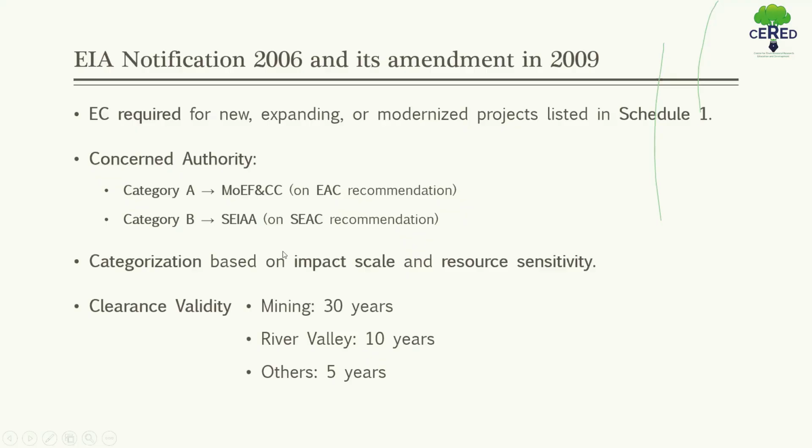These categories are based on the impact scale and resource sensitivity. The clearance validity also varies: 30 years for mining, 10 years for river valley projects, and 5 years for other projects.